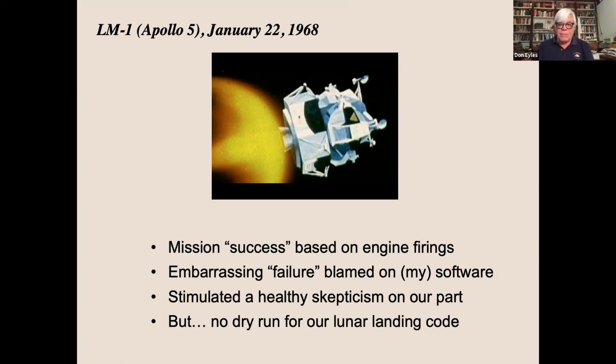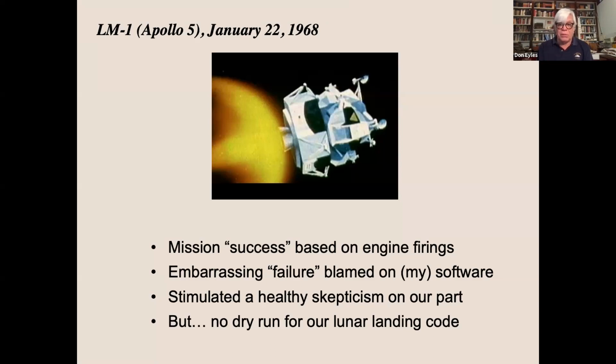But our software was in the doghouse. We were popularly blamed, even though we had followed the requirements. And when I say it stimulated a healthy skepticism on our part, that was part of it, not to necessarily believe without question everything the requirements said. Why, for example, was it so urgent to send that engine off command? After this mission, a change was made to the software such that we would not send that command.